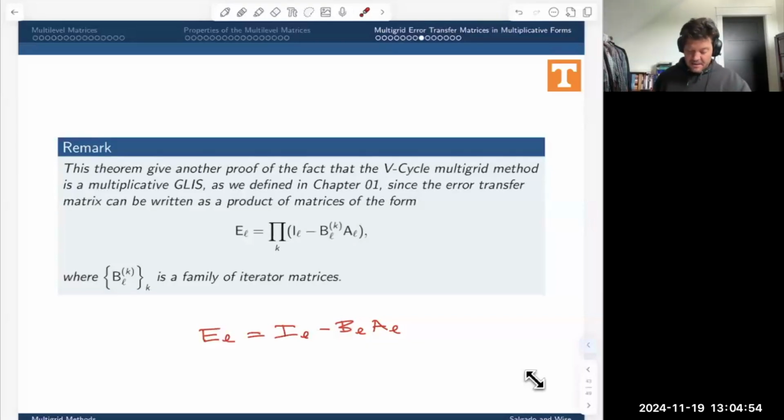The way to find it is not to multiply this out and then extract it that way. That's a very hard way to do it. There are other ways. However, we know that for every multiplicative method, we can get a B matrix like that. That was a little theorem we developed in chapter 1. In any case, this gives us an independent proof that our V-cycle method is a multiplicative linear iterative scheme in the sense that we discussed way back in chapter 1.